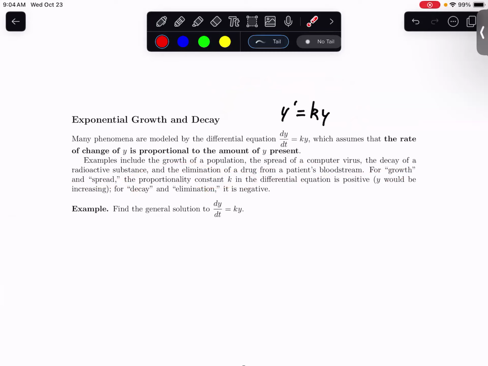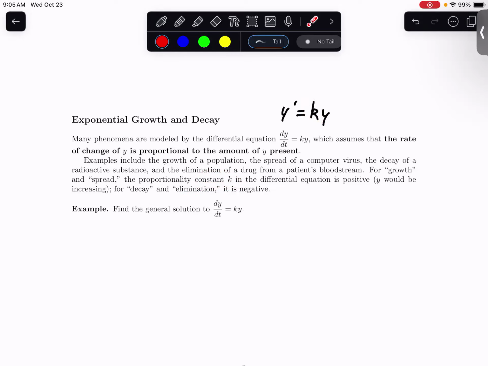The main point I'm making in this paragraph is that if the constant k is positive, we have exponential growth. If this constant k is negative, we have exponential decay or elimination.